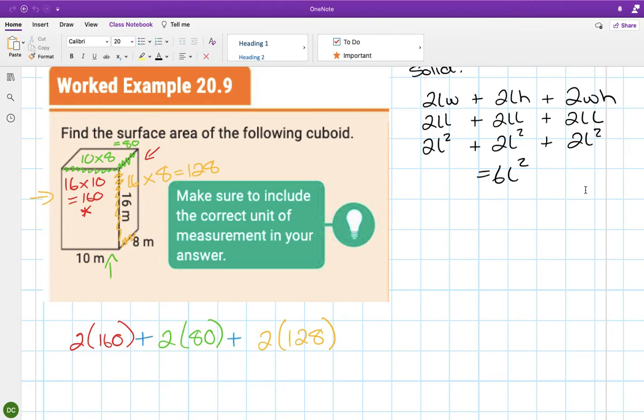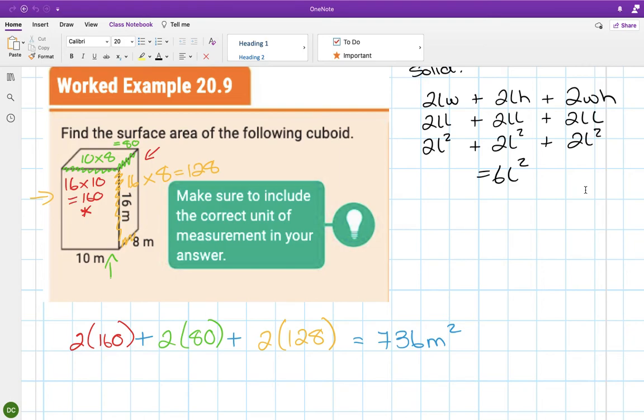So 2 by 160 plus 2 by 80 plus 2 by 128 is 736 meters squared. Yeah, it's an area, so it's going to be meters squared.